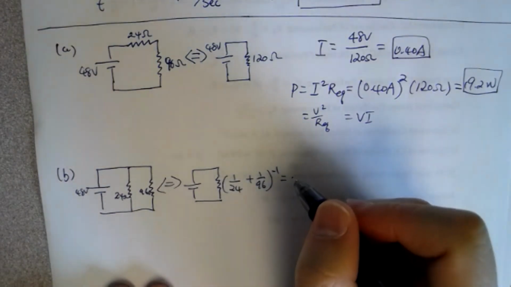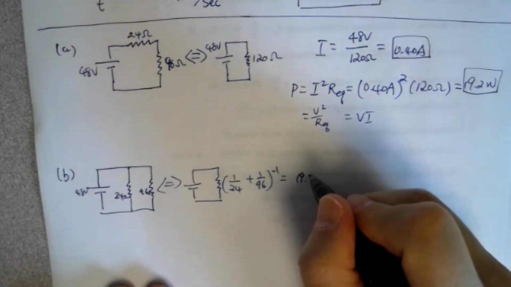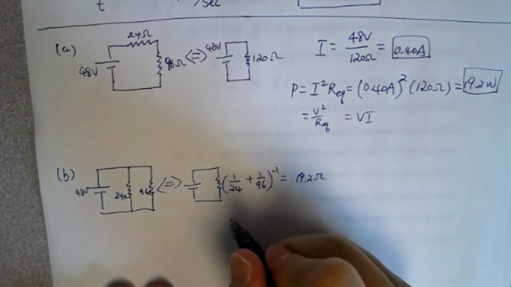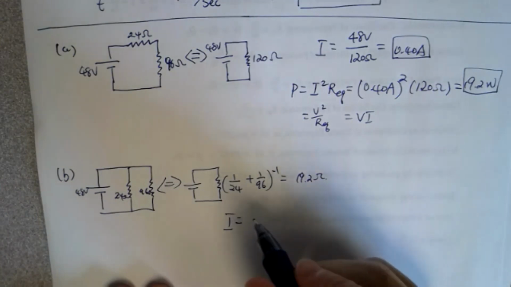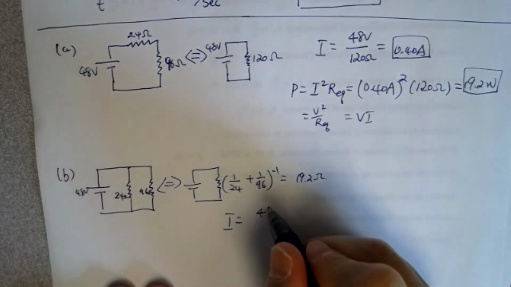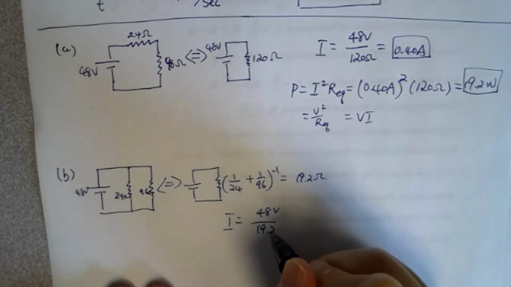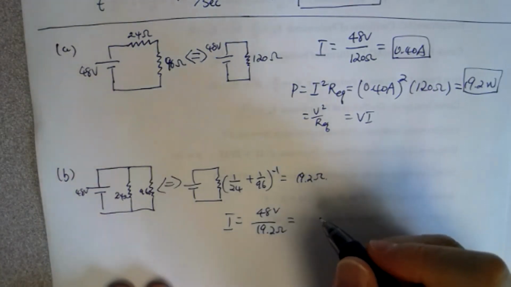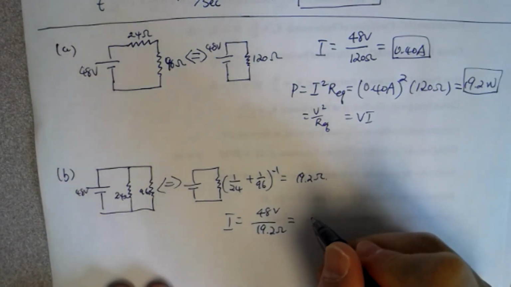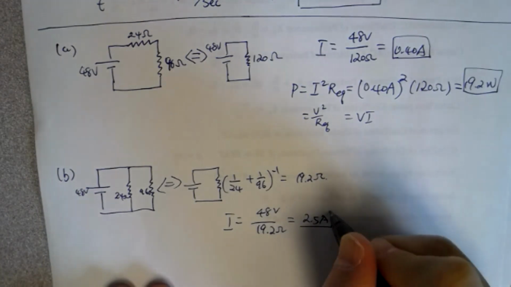That gives you 19.2 ohms. So for the current through the whole circuit, you'll do 48 volts divided by 19.2 ohms. So that will be 2.5 amps.